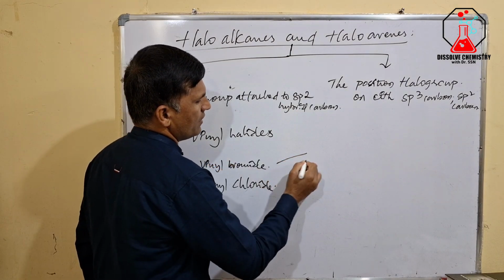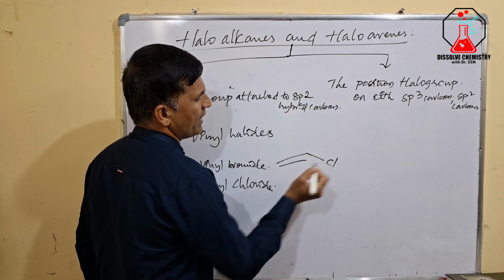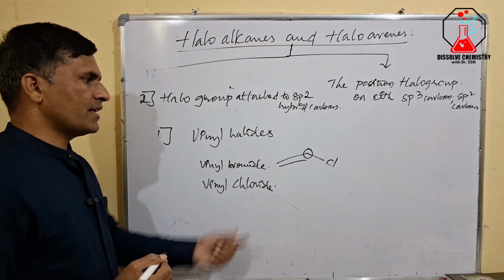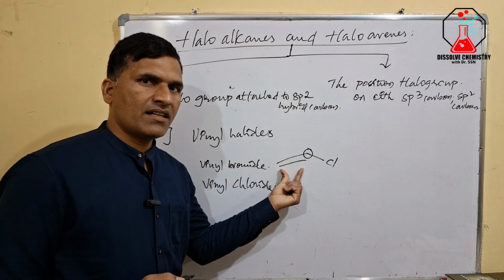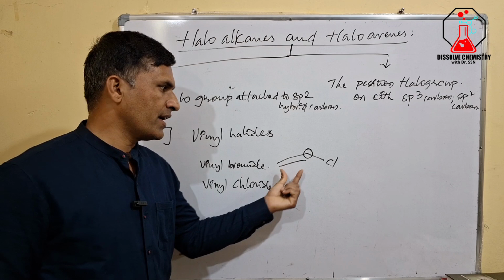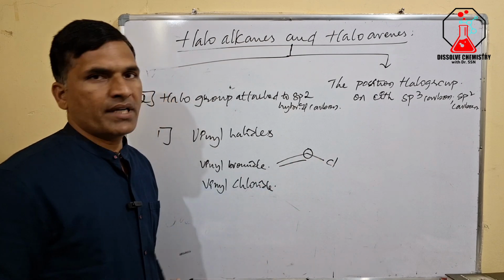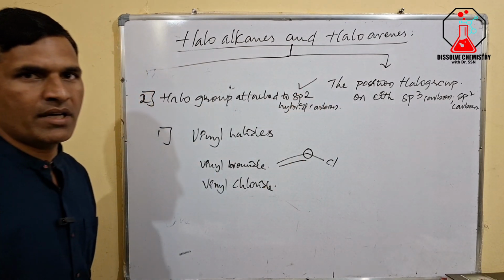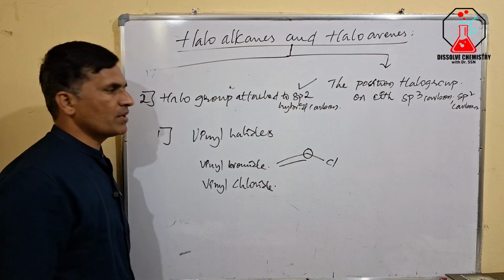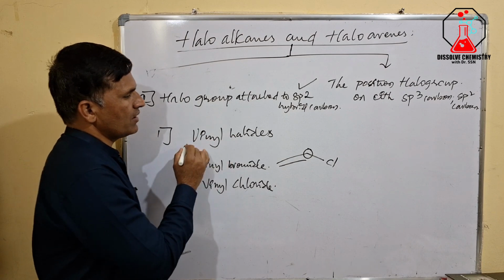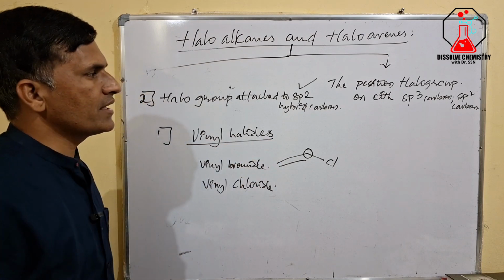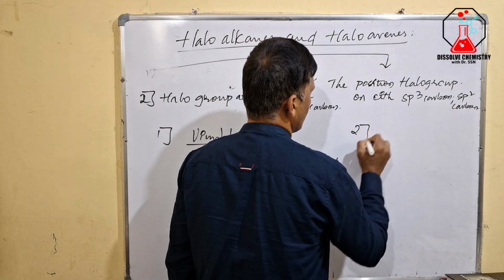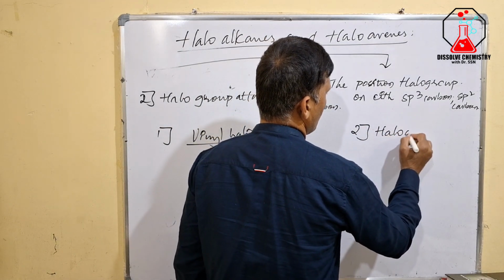When the halo group is directly attached to an sp2 hybrid carbon, like chloroethene, we call it vinyl chloride. So this is one of the important compounds of the class of halo compounds containing the halo group on sp2 hybrid carbon, we call it vinyl halide. Similarly, the next one is aryl halides or haloarenes.